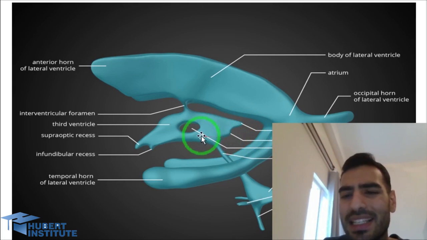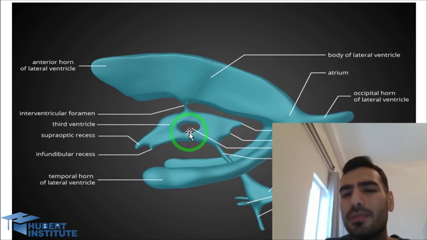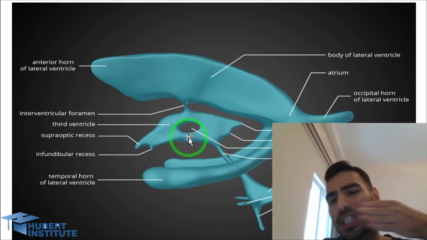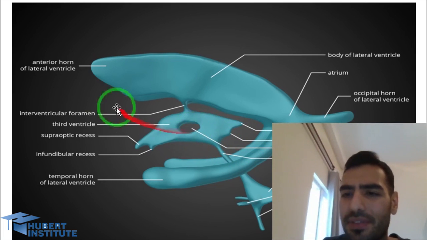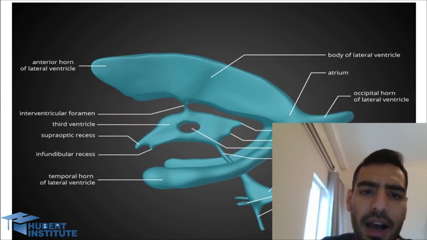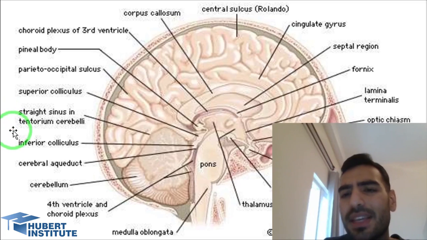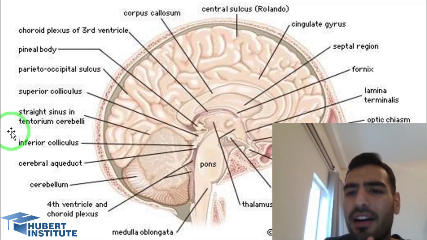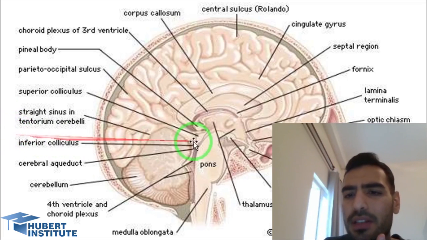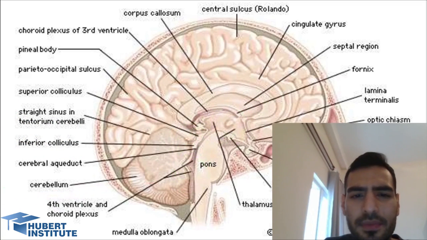And one important thing is that the two thalami are connected together via the interthalamic adhesion, which passes through the third ventricle. So this is the sagittal view again of the ventricles: lateral ventricle, third ventricle, fourth ventricle.